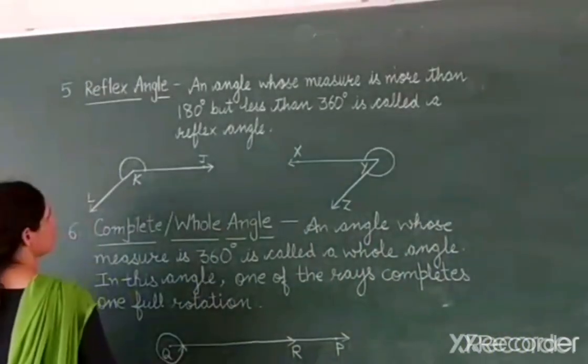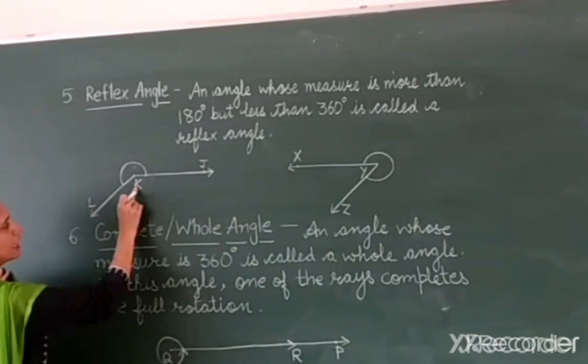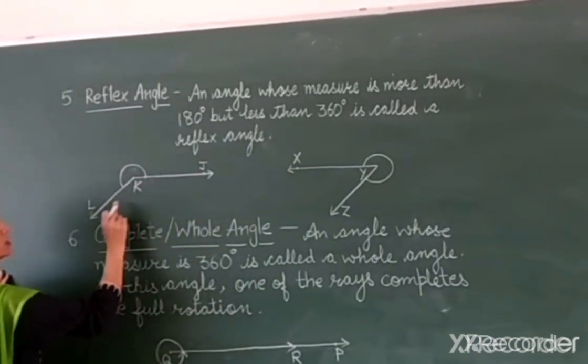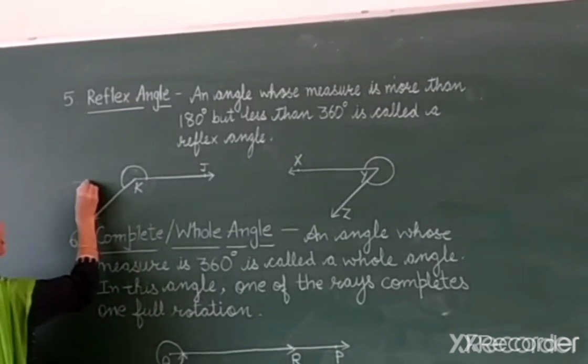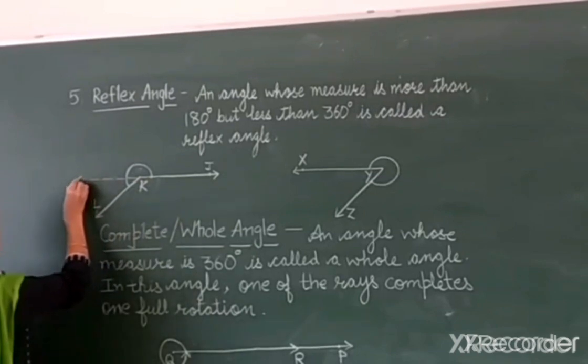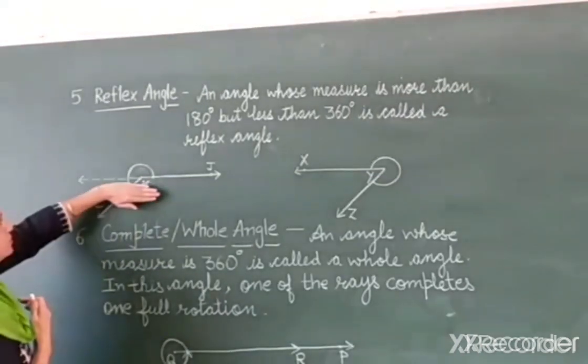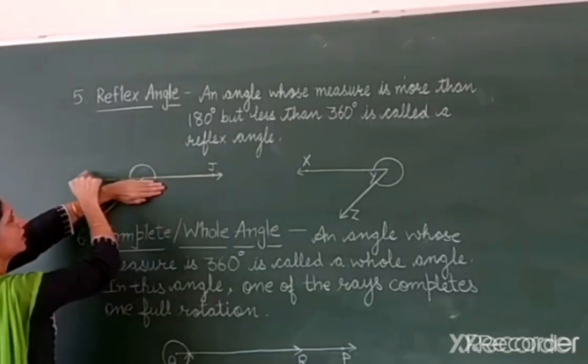Now look at the board. Here the first ray is ray KJ, another ray is ray KL. First with the dotted ray, I will make an angle of 180 degree or straight angle. Now this is one ray, this is another ray.